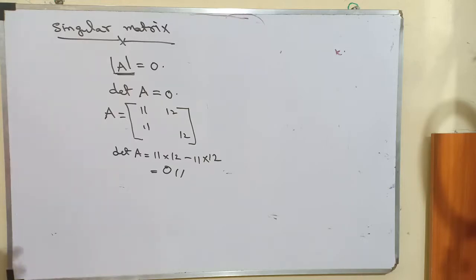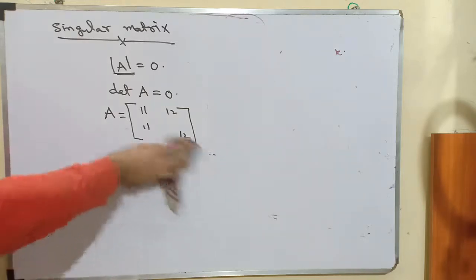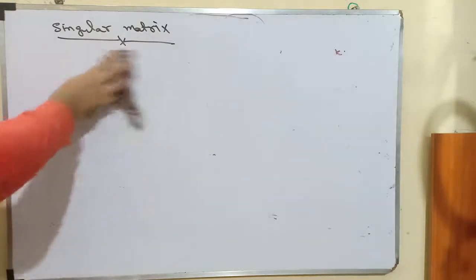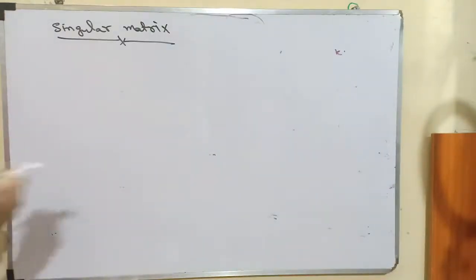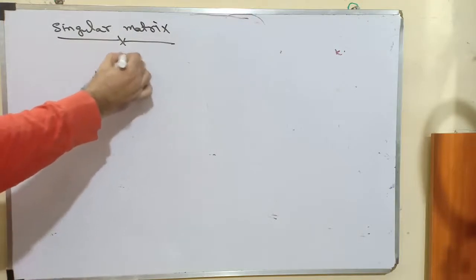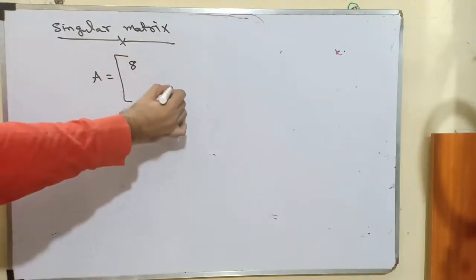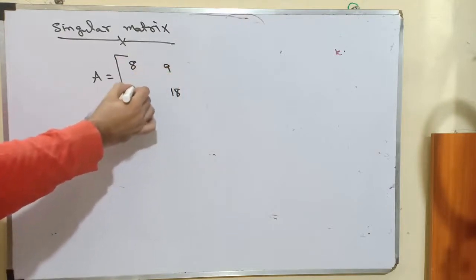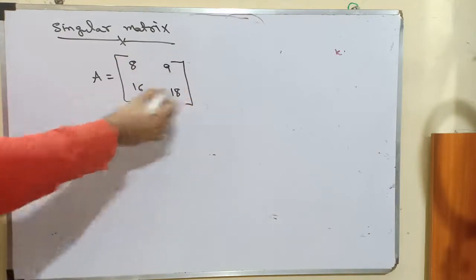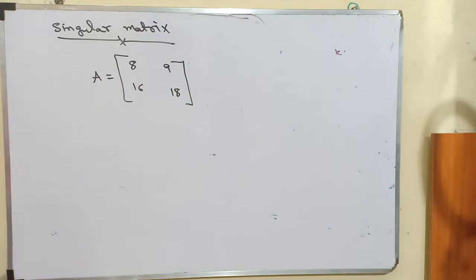Let's take another example so that you will understand better. I'll consider another matrix, A is equal to 8, 18, 9, 16. This is another matrix which is given to you.